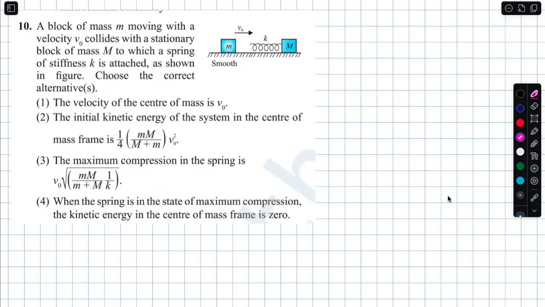First of all, initially the velocity of the center of mass is mv0 plus 0 by small m plus capital M. Any doubts? That is the velocity of the center of mass. The initial kinetic energy of the system in the center of mass reference frame.